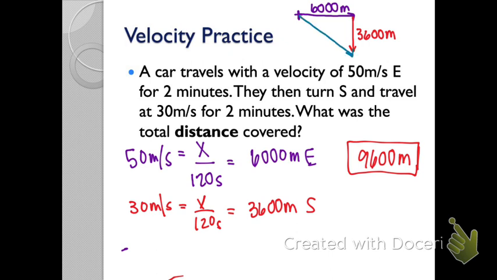What's that blue vector called? Resultant vector. It is the hypotenuse, you're right. It's the resultant vector. And so to find my displacement, I need both the magnitude and the direction, right? I need the hypotenuse and the angle. Am I moving too fast or are we doing okay? Okay, so let's go ahead and solve for that hypotenuse and that angle.